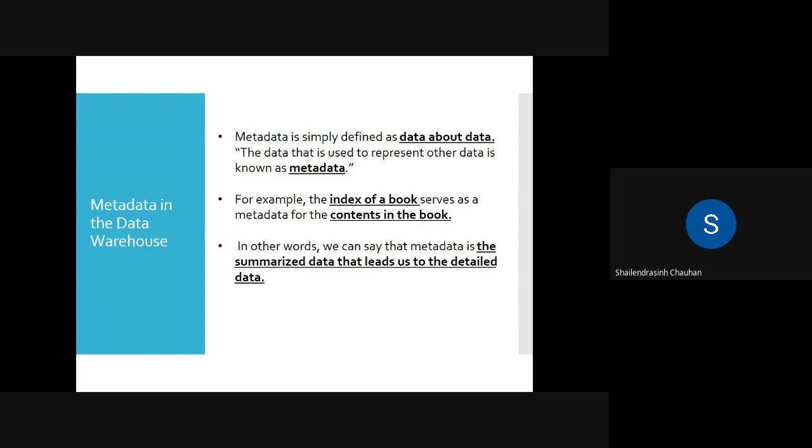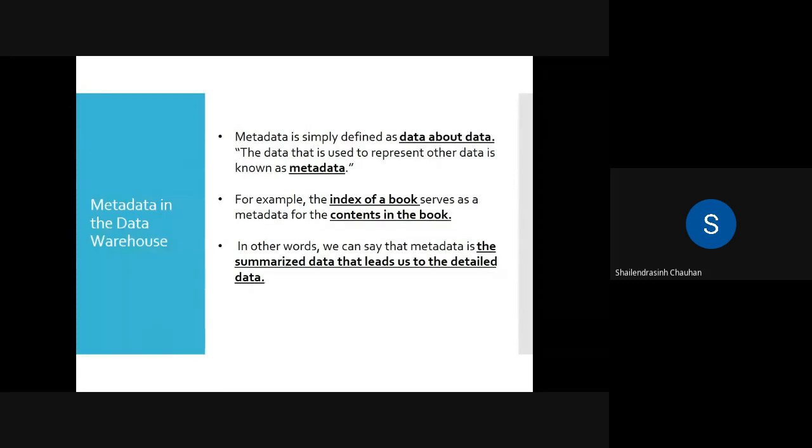Same way here with a data warehouse, we are storing the data of multiple subjects, multiple departments. Whenever we want to fetch some data or do some analysis with respect to specific departments, how can we find it quickly? With the help of metadata.